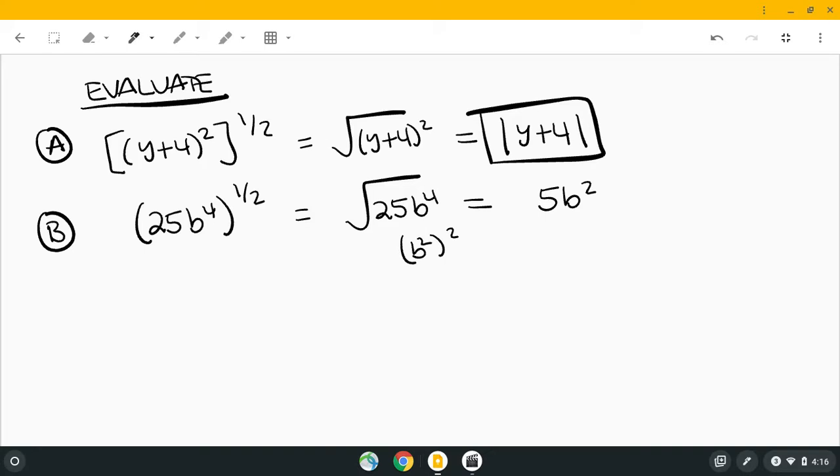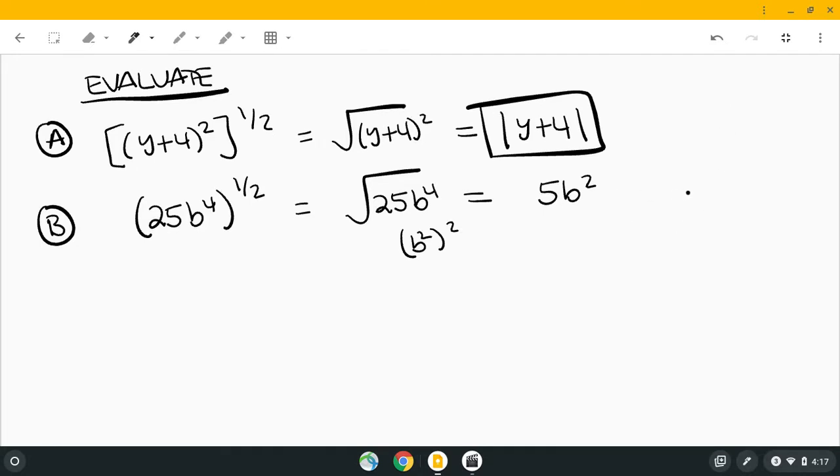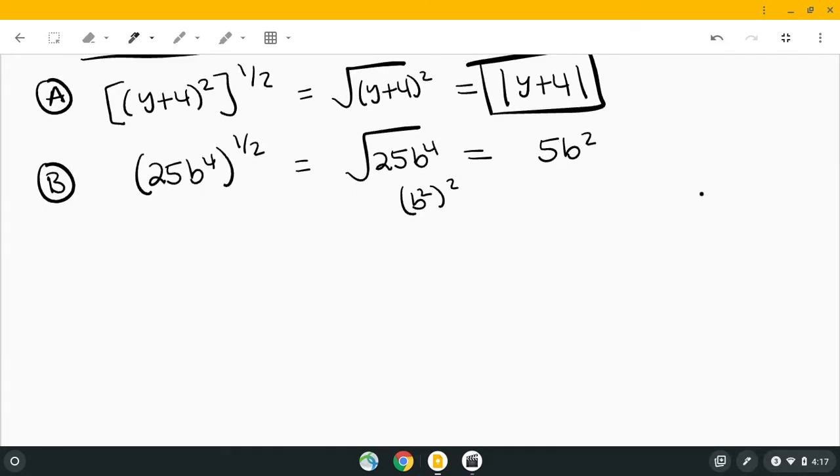Even though we're doing square root, we don't need absolute value because b squared is already positive.